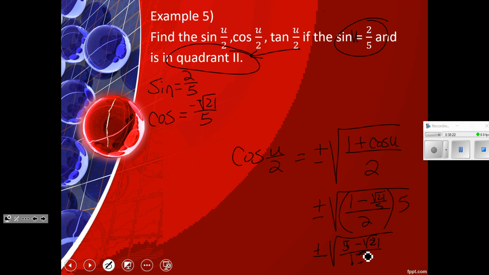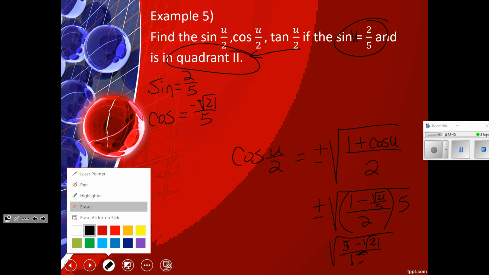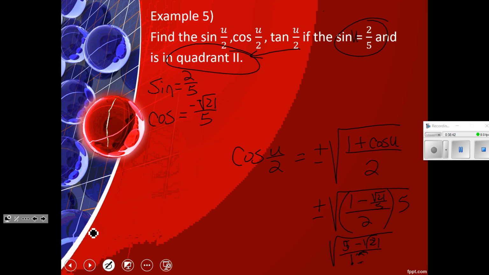You're using the correct signs for quadrant 2 in the problem. But at the end of the problem, you have to determine half of something in quadrant 2, where do you end? You end in quadrant 1, so you would take the positive. Okay, so that'll be a positive square root of 5 minus the square root of 21, all divided by 10.